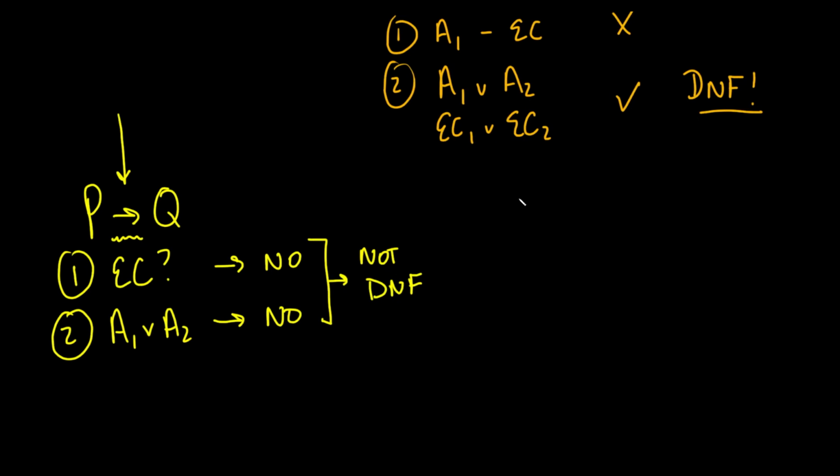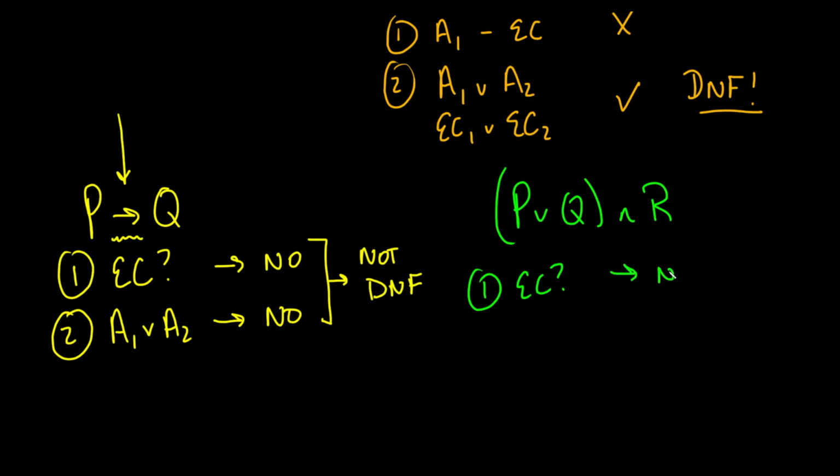Let's look at another case. Let's say we had the formula P or Q and R. So the question is, is this formula in disjunctive normal form? Again, we could ask ourselves the same 2 questions. First, is it an elementary conjunction? And when we look at it, we'd say, no, it's not, because this left conjunct here is not a literal well-formed formula, and you don't have a conjunction of literals, so the answer to this would be no. The next question you can ask is, is it a disjunction of elementary conjunctions?